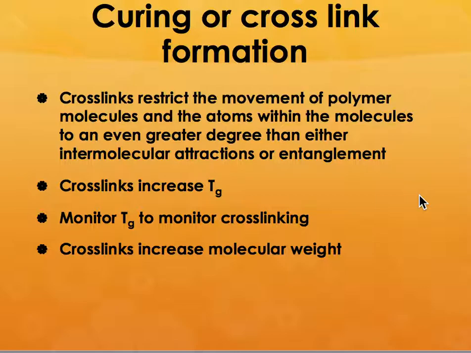The cross-linking also increases the glass transition temperature, and so any characterization process that can monitor the glass transition can monitor the cross-linking or the curing. For example, you can use DMA or DSC, or you can also use TGA in order to monitor the weight loss as well as the cross-linking.